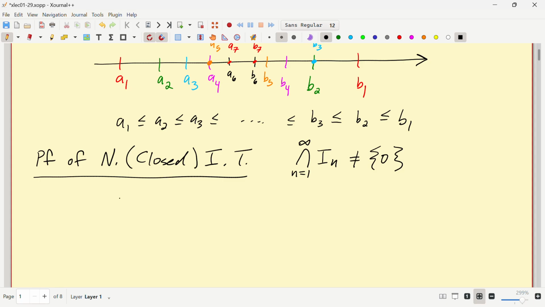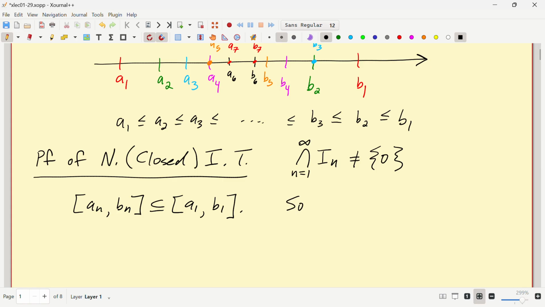So let's see. The fact that I have that tower of inclusions, [A_n, B_n] is contained in, and not necessarily equal to, [A_1, B_1].